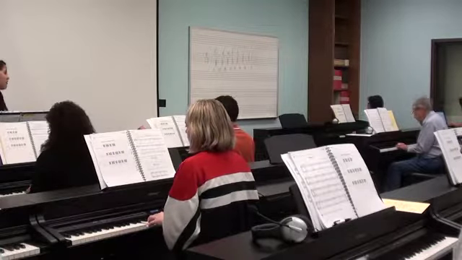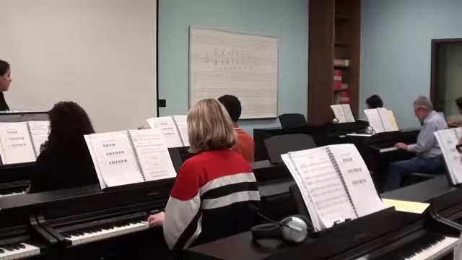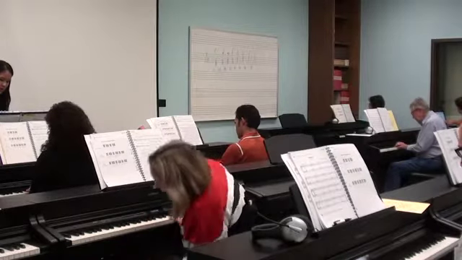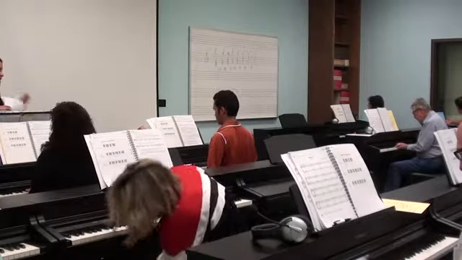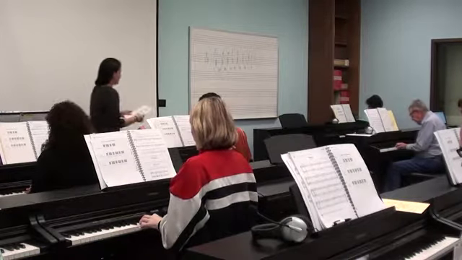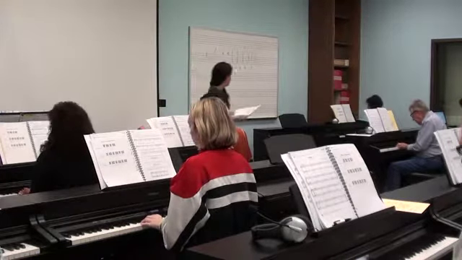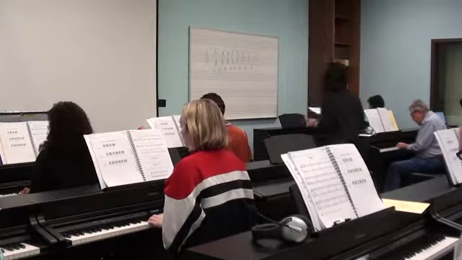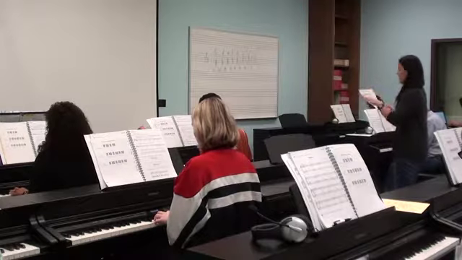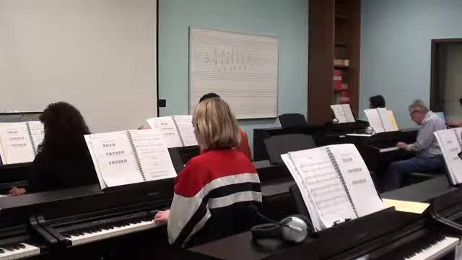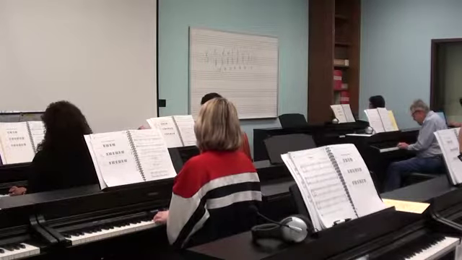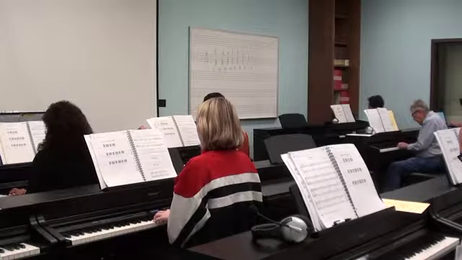So it's still 5, 3, 1. Now take that bottom E and move it up top again and reset your hand. And now it's 5, 2, 1 in your left hand. So this one is 5, 2, 1. Good. There it is. A little bit more comfortable.